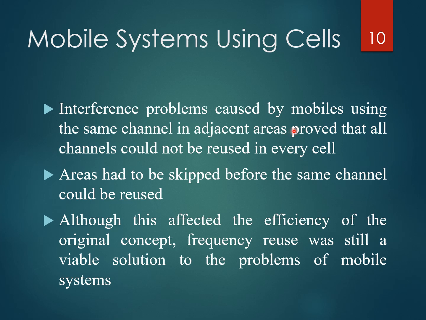Mobile systems using cells. Interference problems caused by mobiles using the same channel in adjacent areas proved that all channels could not be reused in every cell. For example, we have one cellular region, for example, Erode and Perundurai. If you are taking that region, Erode and Perundurai, they are nearby.